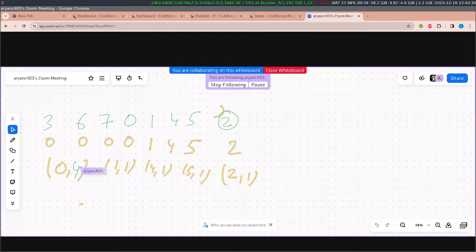This also becomes 2, this also becomes 2, so we can change it. Now when we move 3 to the back again.